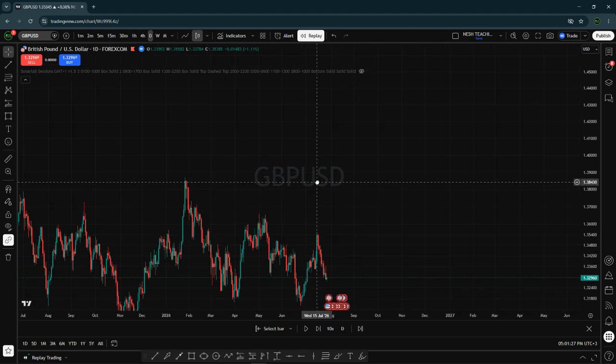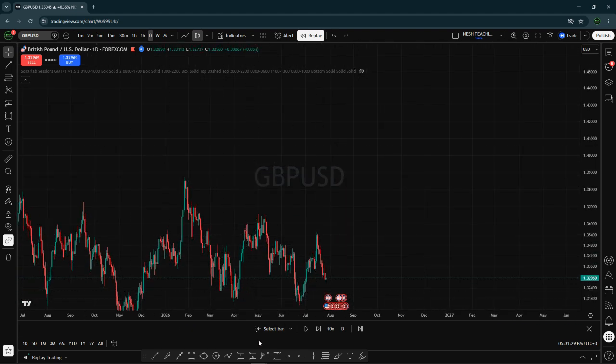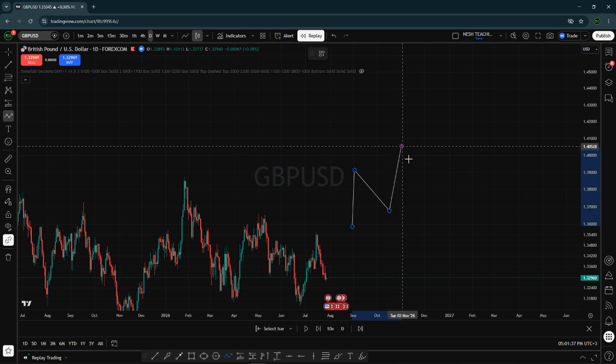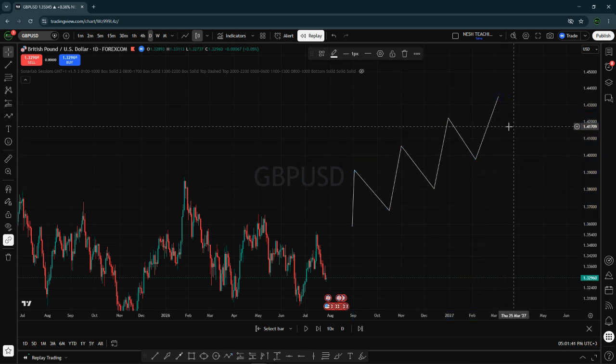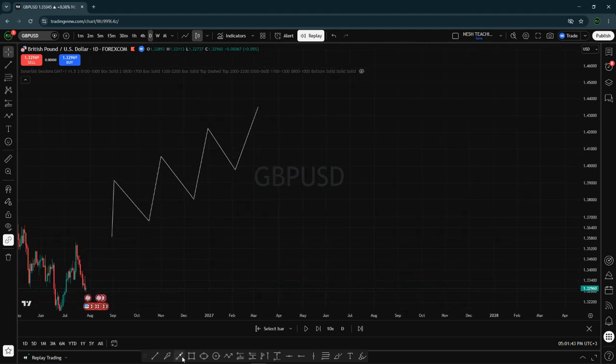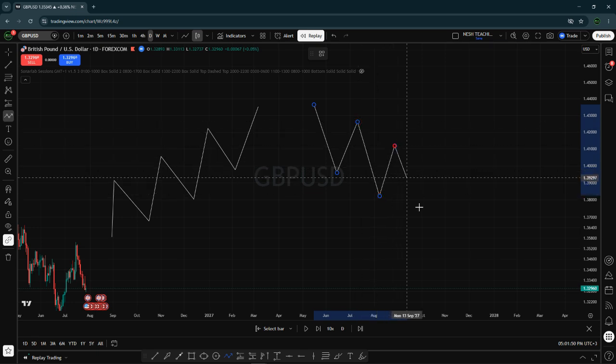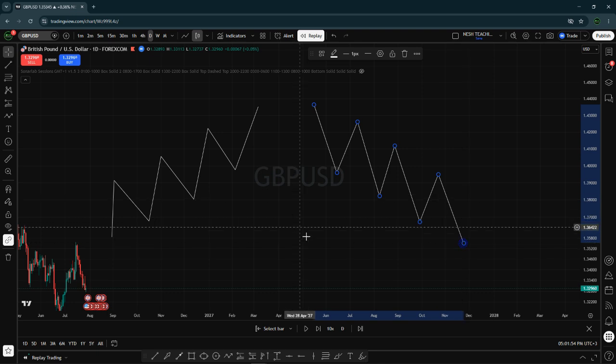So to be quick on it, you should know that the market structure is in three formats. Where the market is moving in higher highs and higher lows, that is the market being bullish. Another scenario where the market is making lower lows and lower highs, that means the market is bearish, right?